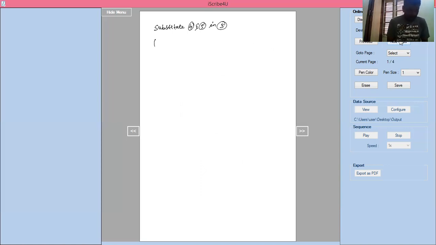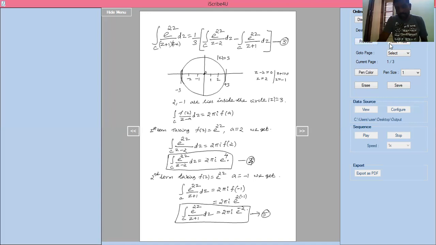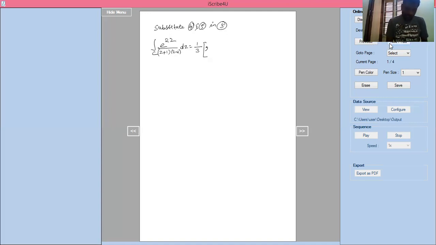We get the integration over C of e power 2z divided by z plus 1 into z minus 2 into dz equal to 1 by 3 into the first term. Equation 4 is 2 pi i into e power 4, minus 2 pi i into e power minus 1.